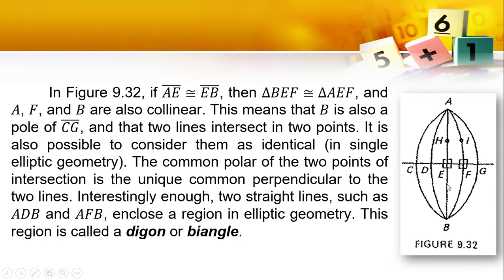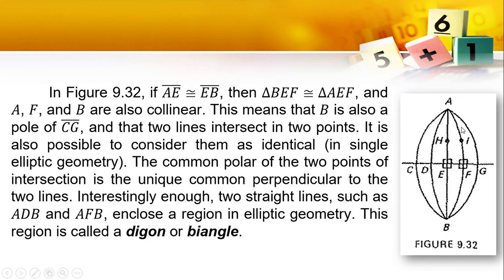Thus, AE is congruent to EB, and by the definition of right angles, all right angles are congruent. Then we have EF, with reflexivity again, congruent to itself. Thus, we can use the SAS postulate to prove that AEF and BEF are congruent.